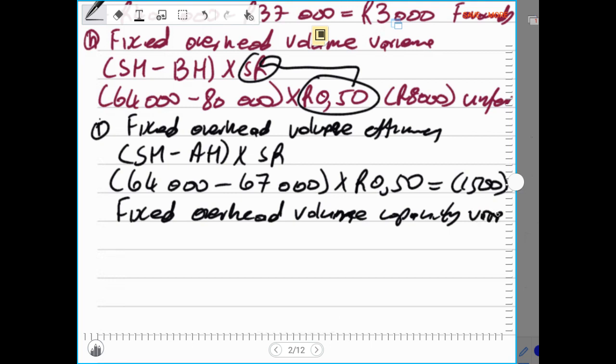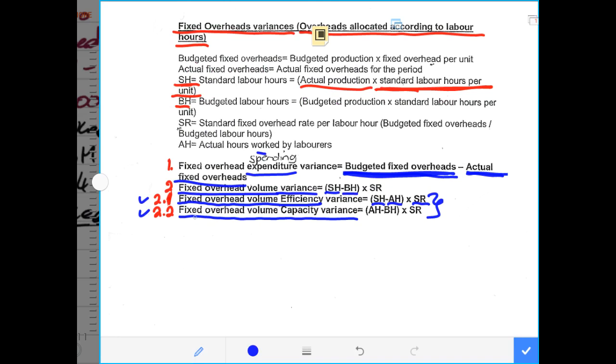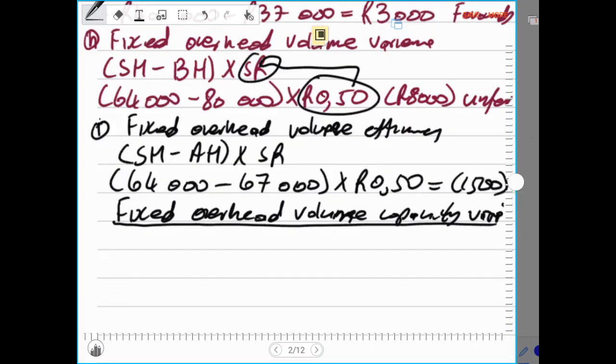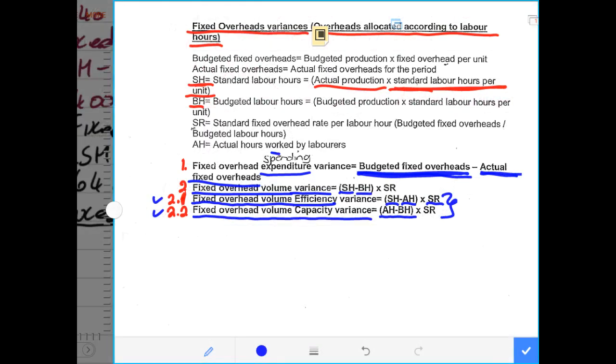Then now we are doing this, and we know that it is calculated by saying actual hours minus budgeted hours. We know that actual hours was 67,000 hours.